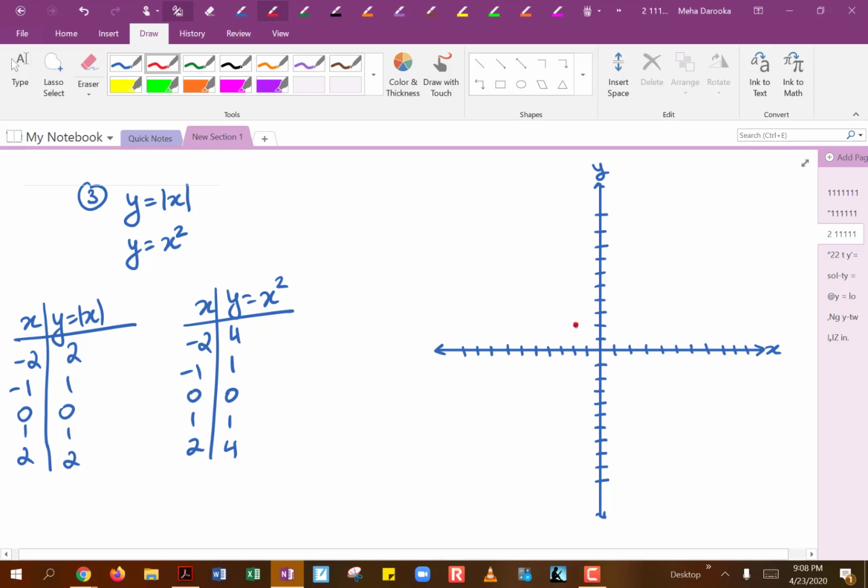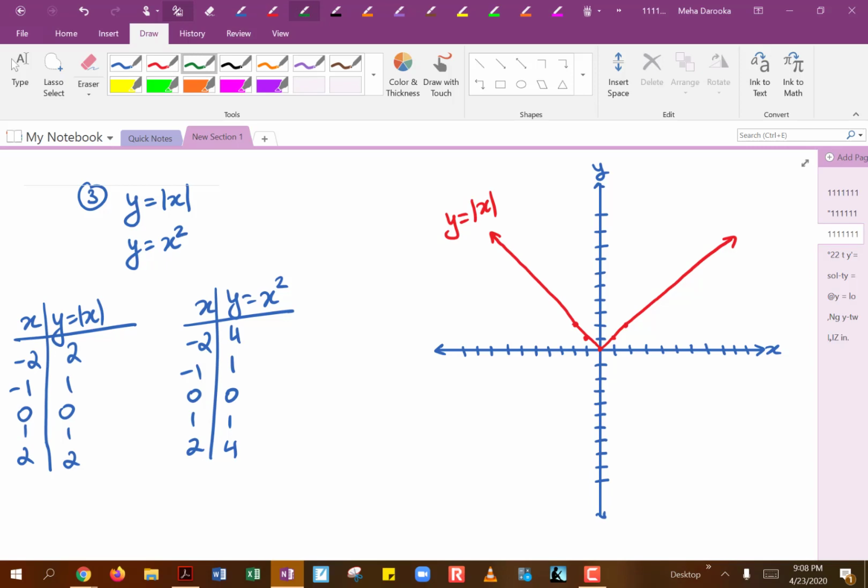We've got (-2, 2). I'm doing the absolute value of x first. (-1, 1), (0, 0), (1, 1), and then (2, 2). Okay, so something like this. This will be absolute value of x over here.